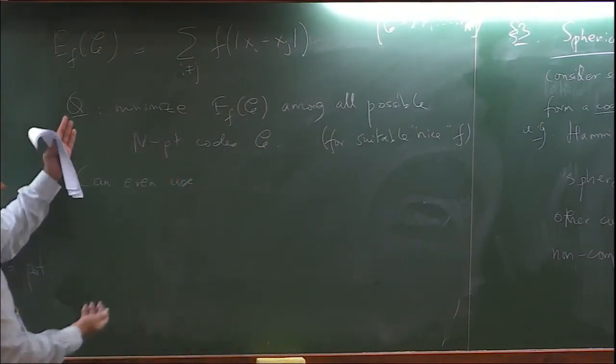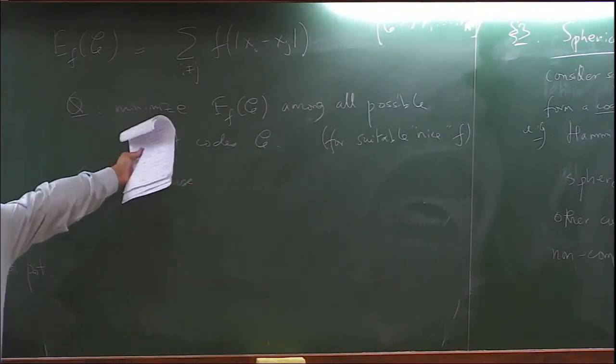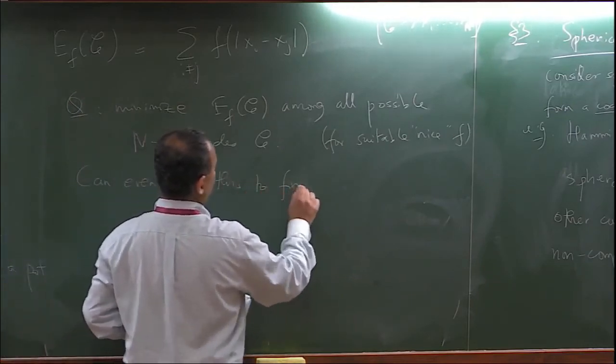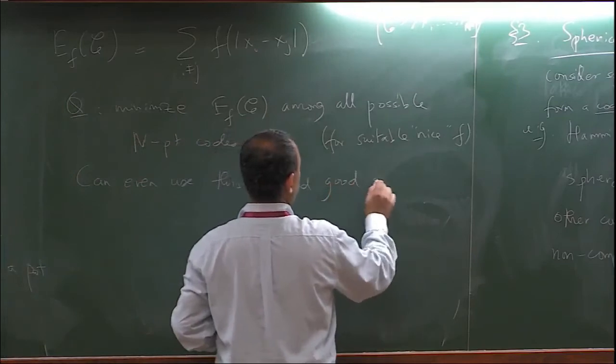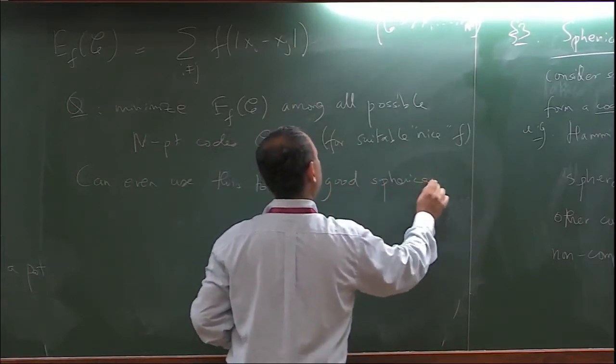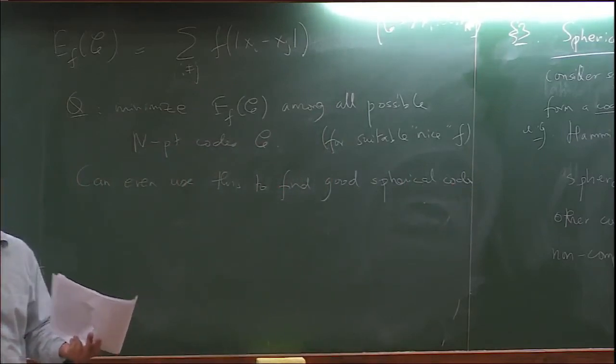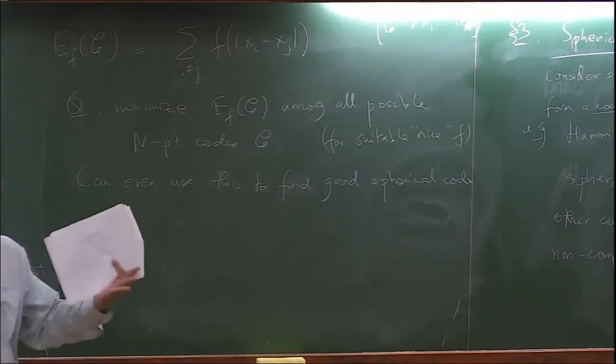If we could try to solve this problem algorithmically or numerically, we could use this to find good spherical codes, by which I mean codes with large minimal angle, because if it's a repulsive potential function, it will tend to repel points.